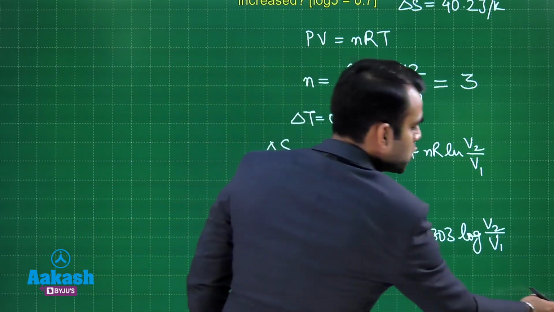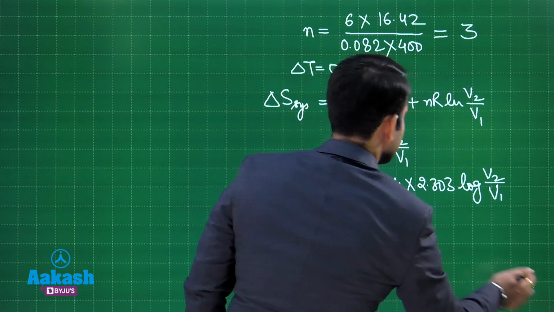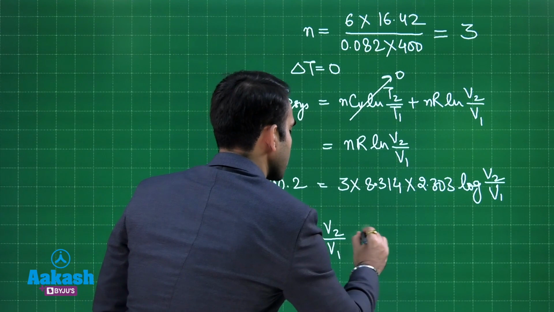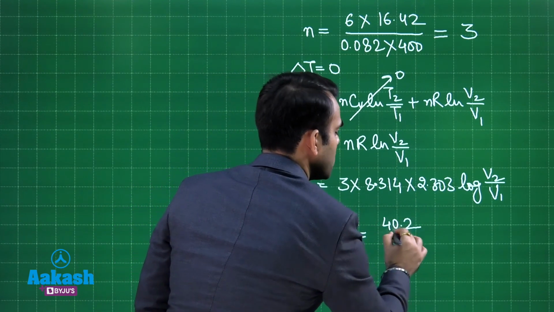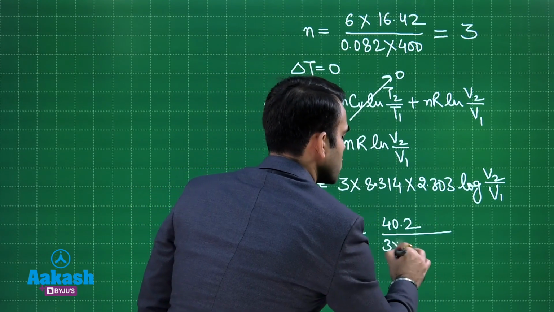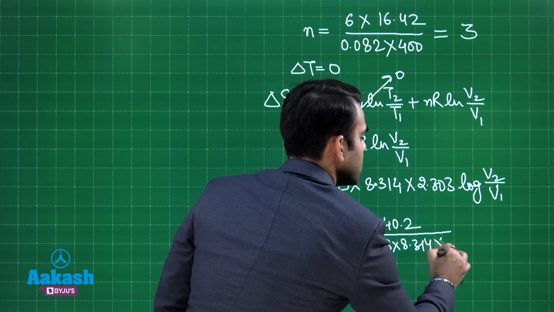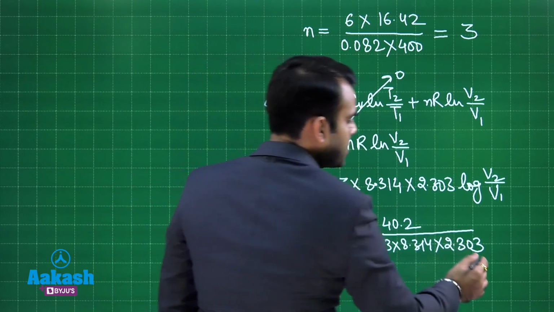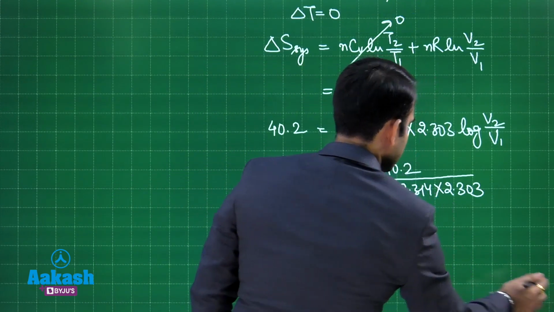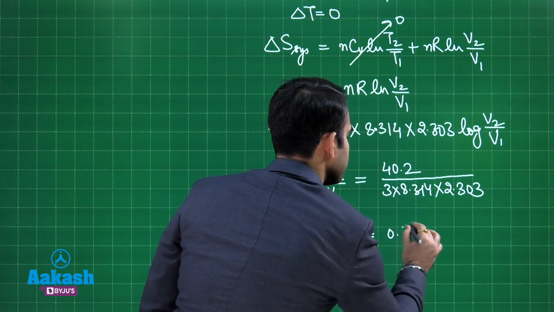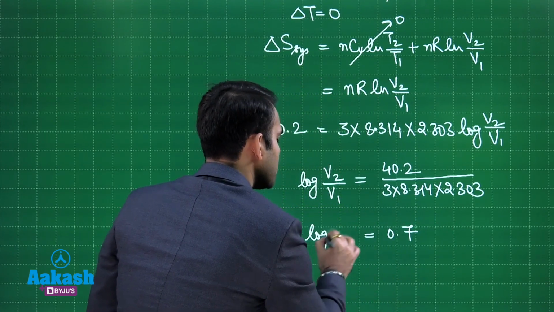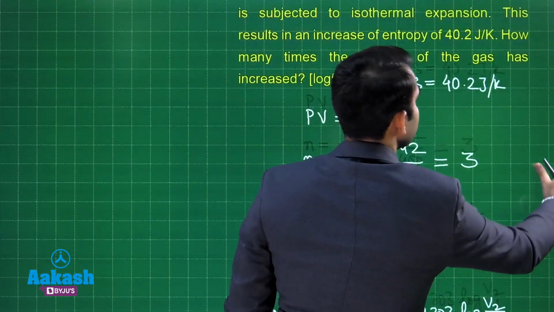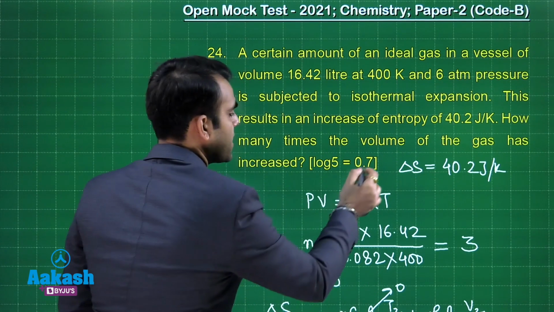Now moving the values on the other side, we will get log V2 by V1 is basically 40.2 divided by 3 into 8.314 into 2.303, and that comes out to be 0.7.